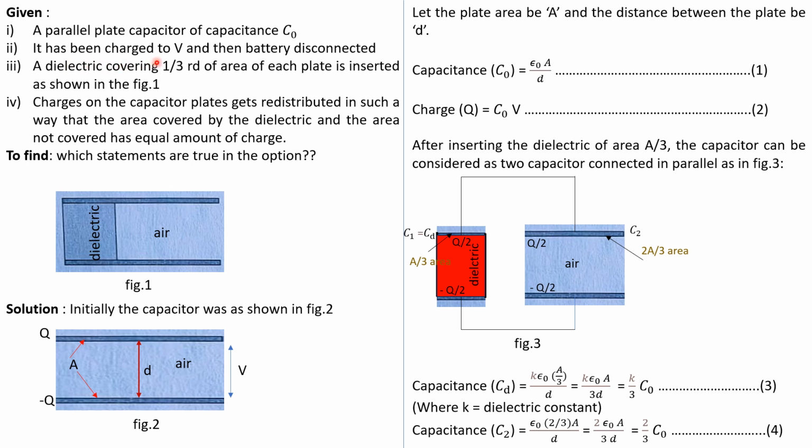It has been charged to V and then the battery disconnected. So initially, when there was no dielectric, it was charged to a voltage difference V, and then the battery is disconnected. Because of application of this V, we have assumed that plus Q charge has come on this plate and minus Q charge on this plate.